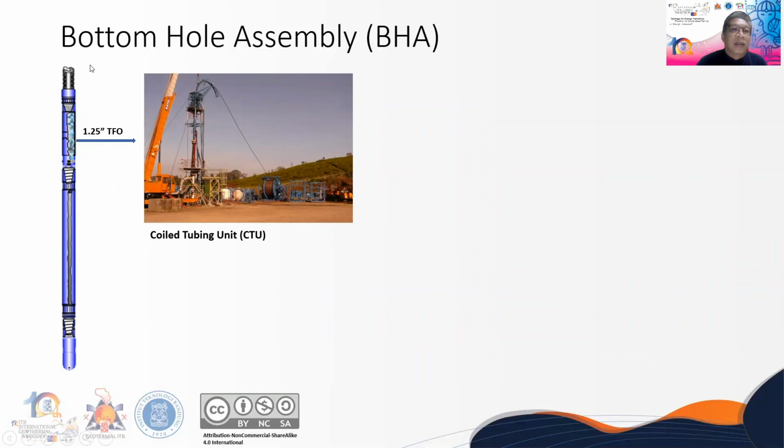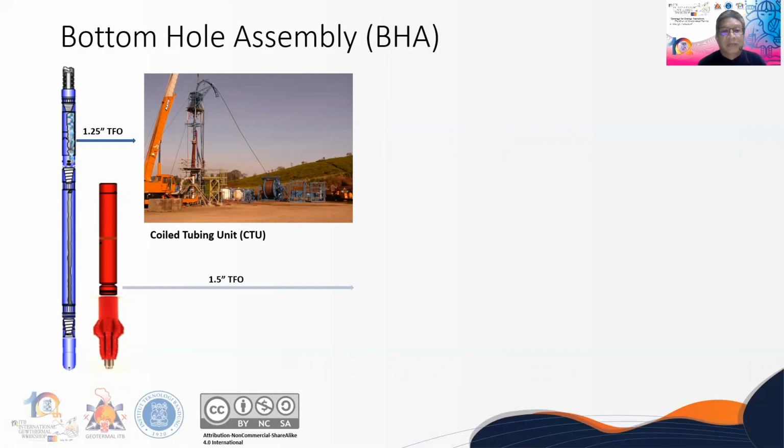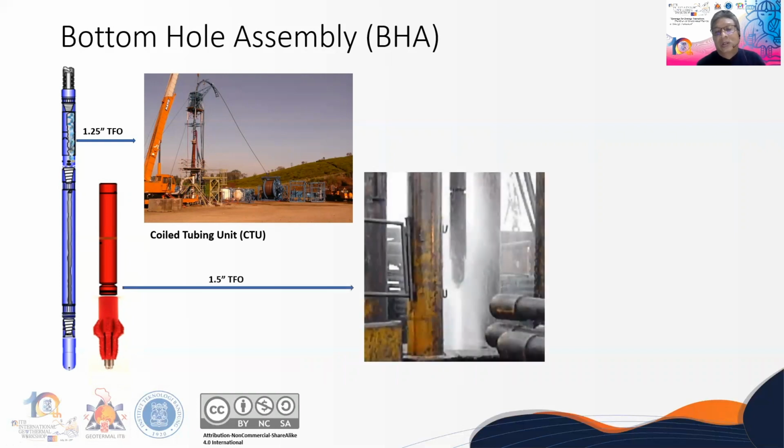It can connect directly to the CTU unit. The other one is the BHA for rig drilling. So we use a 1.5 inch TFO. This is for rig jointed pipe, so if we use a drilling rig, then we can use this application.